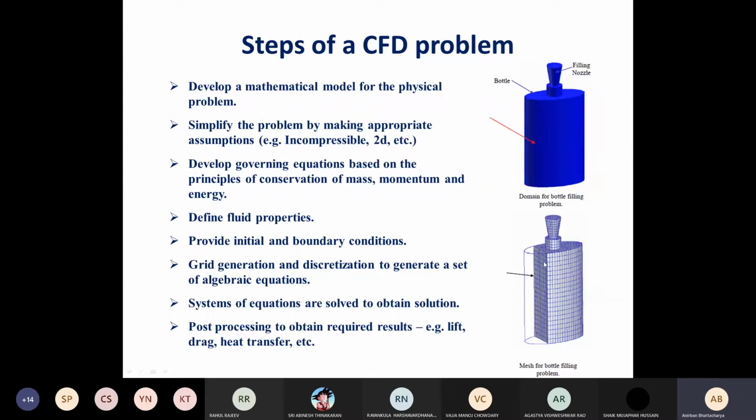We may take a heat flux condition here or a constant temperature condition here, then flow velocity here, depending on our problem. This problem is somewhat easy from the point of view of boundary conditions because all the boundaries are closed except the top. But in some situations, it is quite tricky to take the boundary condition.